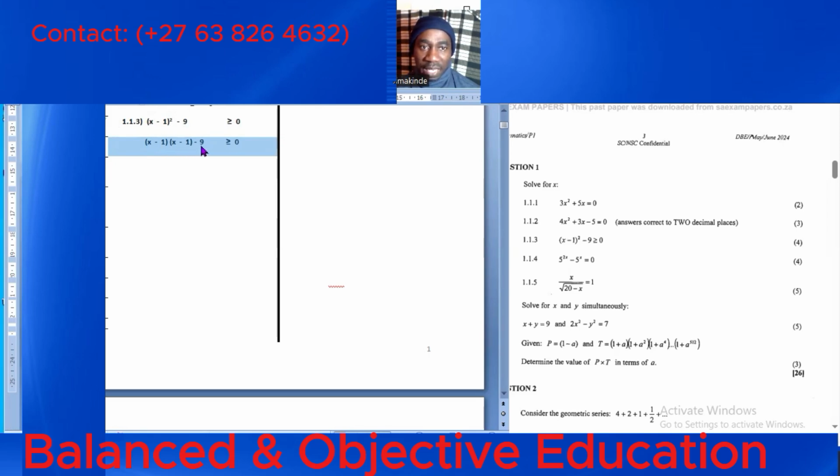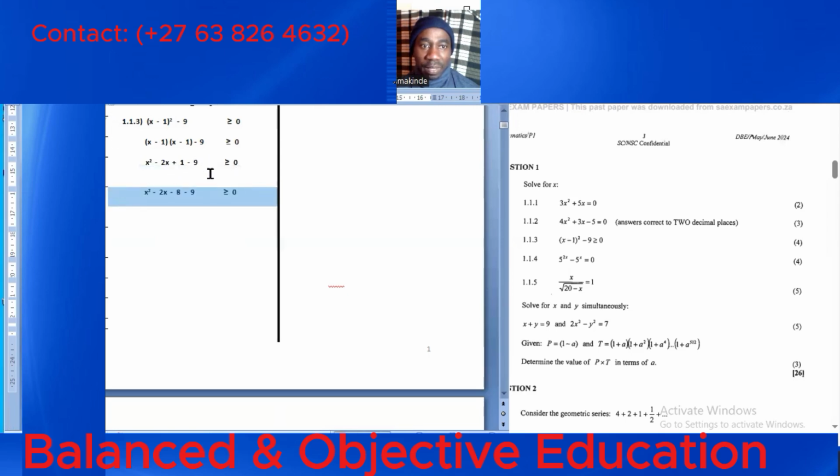And remember, this -9 is here and greater than 0 is there. So next, if we expand (x minus 1) multiplied by (x minus 1), we will get x squared minus 2x plus 1. Then don't forget this -9. You set everything greater than or equal to 0.